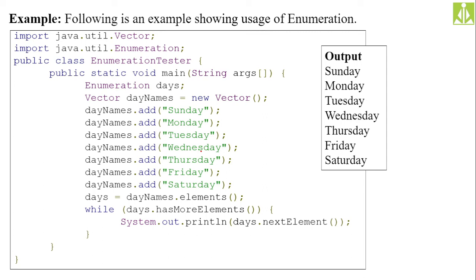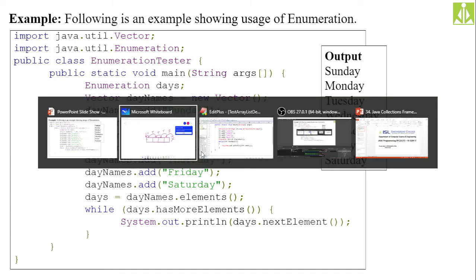We create a Vector, dayNames, and add all the days of the week to it. Using this vector, we retrieve the elements, store them in the days enumeration, and finally print them with the help of hasMoreElements and nextElement methods.